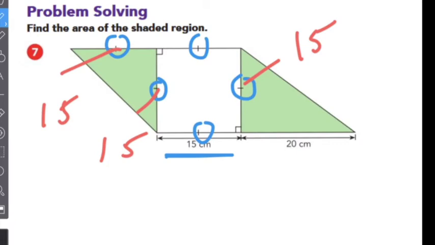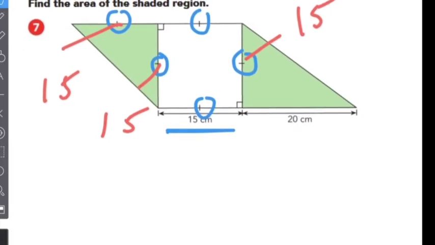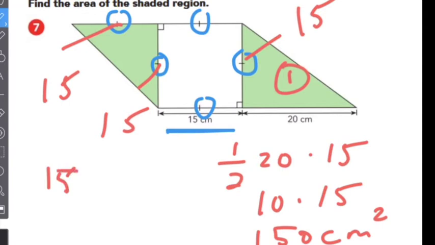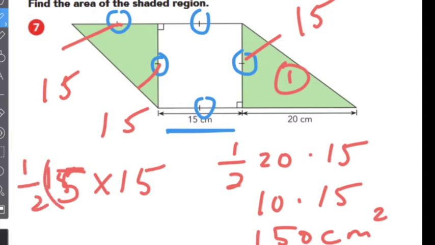So I have two different triangles. And the area of a triangle, again, is 1/2 base times height. So I'll do this one first. 1/2, the base is 20, times 15. So take half of 20, which is 10, times 15, you get 150 centimeters squared. Then for this one, it's 15 times 15, and you could take half of one of them, or you can multiply together and then take a half.